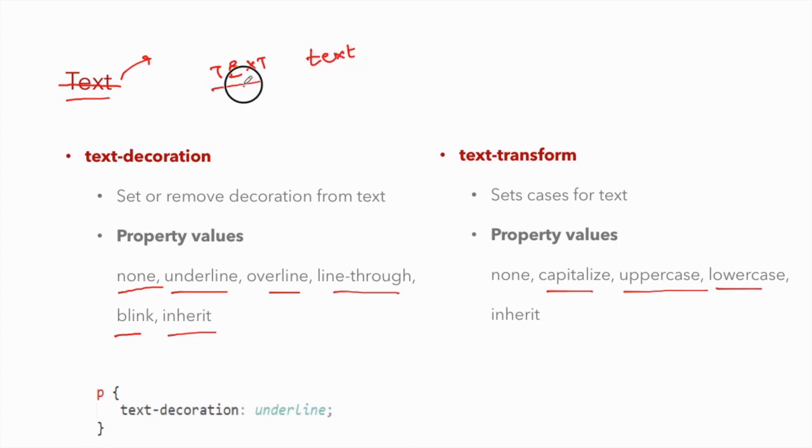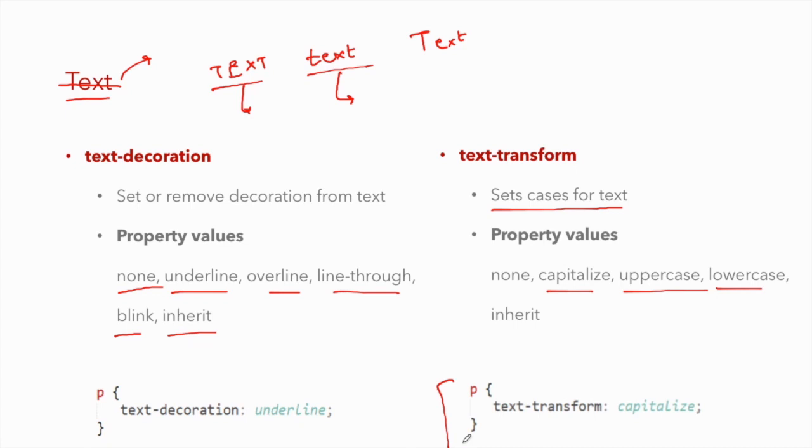So this is when you have uppercase, this is what we have in lowercase, and with capitalized the first letter will be displayed in capital form. Here in this case it was already in capitalized form. Let us assume this was the case, then the first letter will be displayed in capital. So this is how you set this particular CSS property.